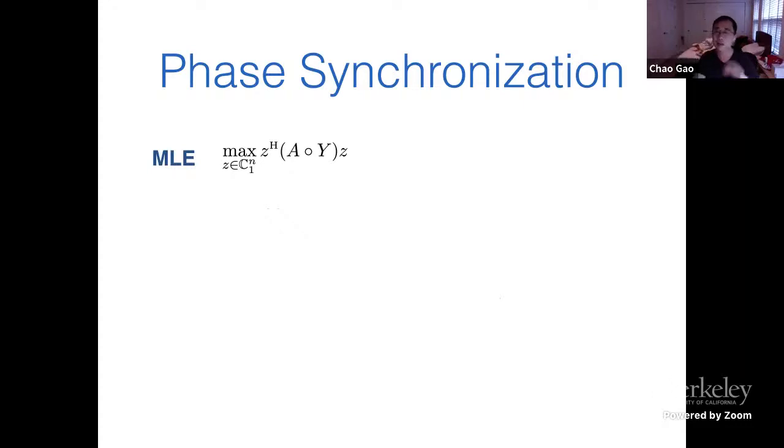The second result is the theoretical guarantee for the maximum likelihood estimator, by recognizing that the solution of the MLE is actually the fixed point of this map F. Right? This means if you start the generalized power method at the solution of the MLE, it will stay unchanged.